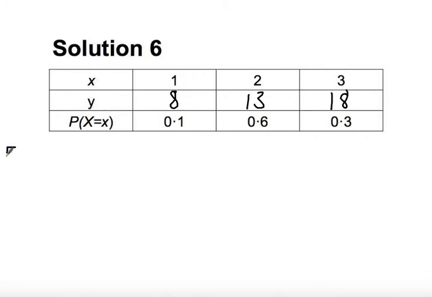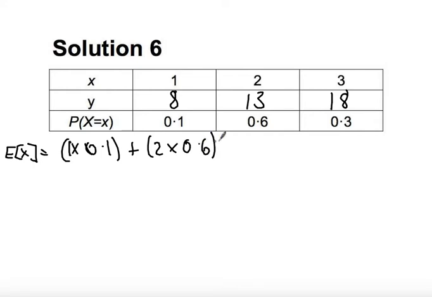values are. So let's find the expectation of x. I get 1 times 0.1 plus 2 times 0.6 plus 3 times 0.3. Work that through on your calculator, you should get an answer of 2.2.